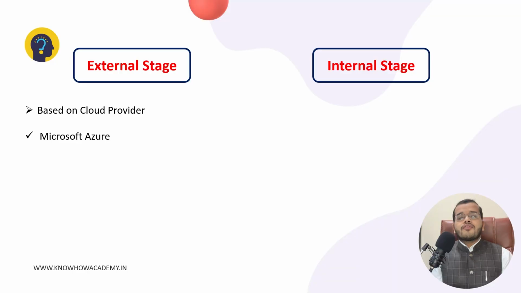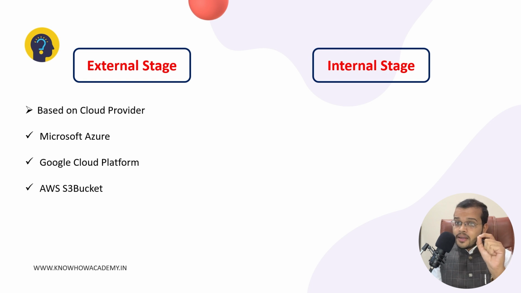These cloud providers have the capacity to store a huge amount of data in the cloud. So we have Microsoft Azure, Google Cloud Platform, and AWS S3 bucket. What is this AWS S3 bucket?